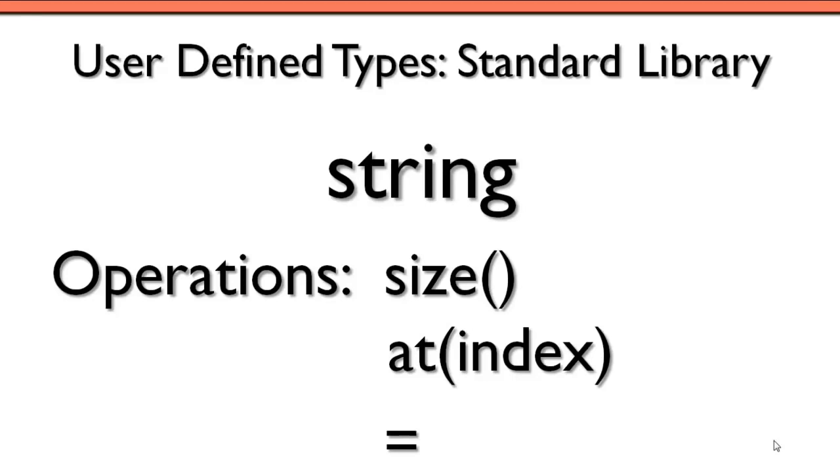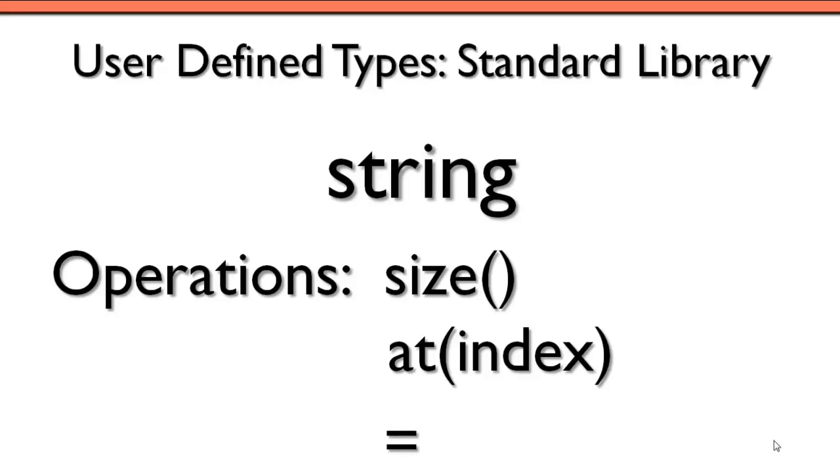We've made use of that several times in the most recent programs. So we saw that with the string type, we could perform various operations. We could get a size of a particular string, we could get a character at a particular position, and we could also make use of the assignment operation. So we could assign a particular string value, be it a literal or a variable, to another string variable.